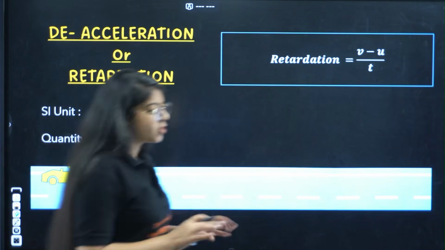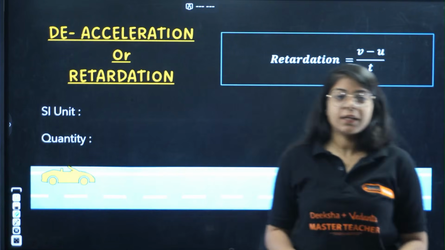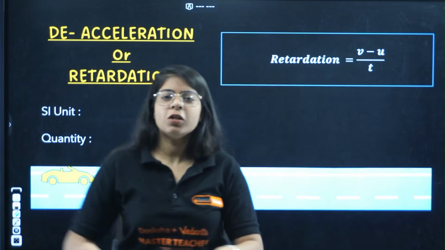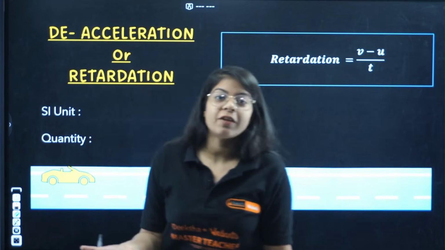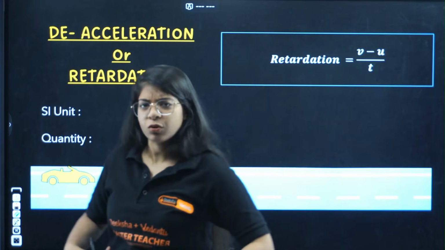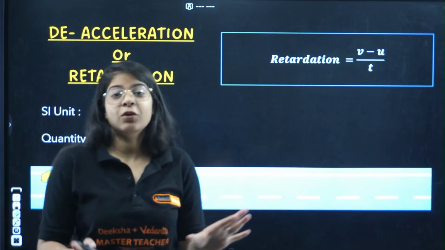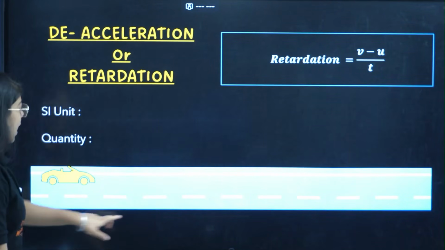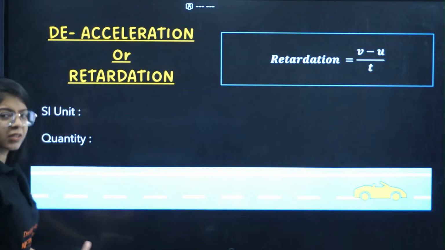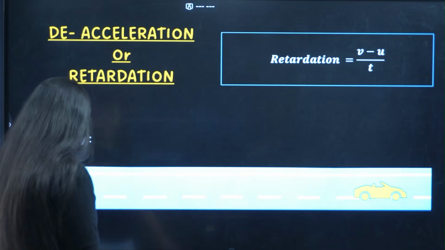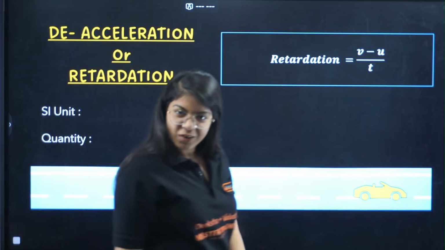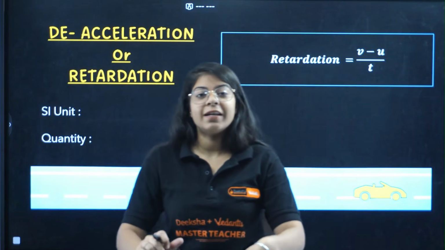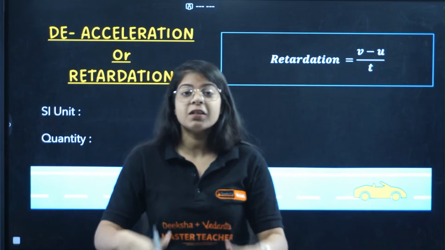What is retardation? See, you're sitting in a car with your friend, and you say, okay, let me drive. I want to give it a go, but you don't know how to drive a car. You sit and hold the wheel, and you try to accelerate, but the car stops.